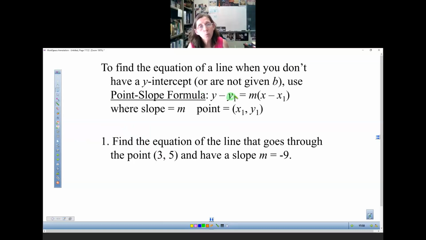So the y1, we're going to replace with the y value in the point, okay? The x1, we're going to replace with the x value in the point, okay? And then the m, we're going to replace with whatever the slope value is, all right?